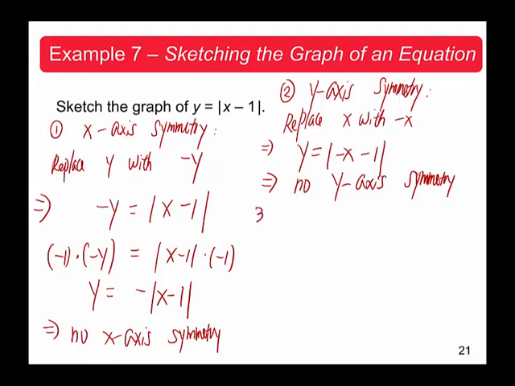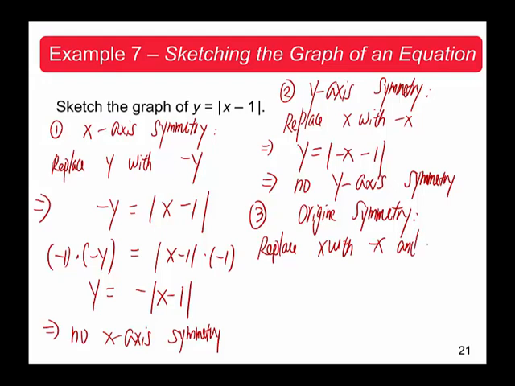And for the symmetry with respect to the origin, I'm going to replace y with negative y, and x with negative x. That will turn out to be negative y equals the absolute value of negative x minus 1.